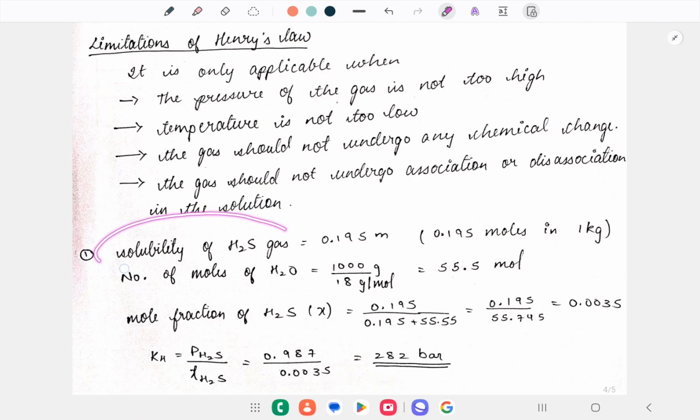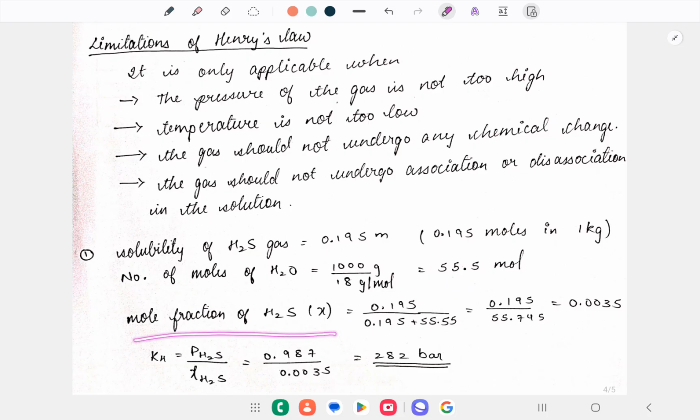The solubility of H2S, which is 0.195, that is 0.195 moles in 1 kg of solvent, which is water. So the number of moles of H2O in 1 kg of solvent is 1000 grams by 18 grams per mole, which is the molar mass, which is 55.5 moles.